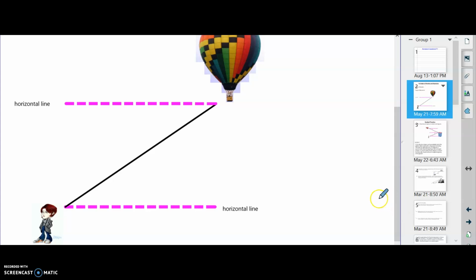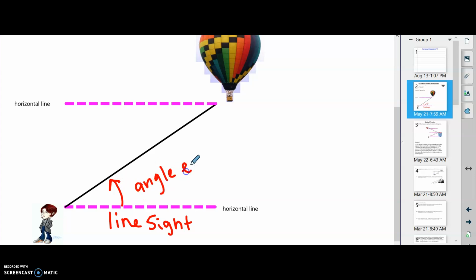So notice these horizontal lines. Those are super important. If I was talking about the girl looking at the balloon, her line of sight, this is called the line of sight here. Her line of sight is the horizontal line. And then to look at the balloon, she must look up. So this would be an angle of elevation.